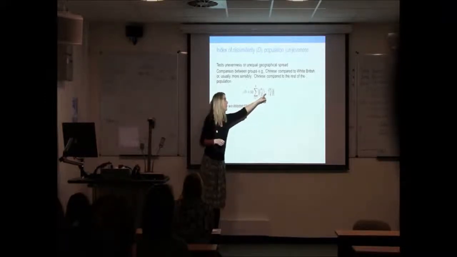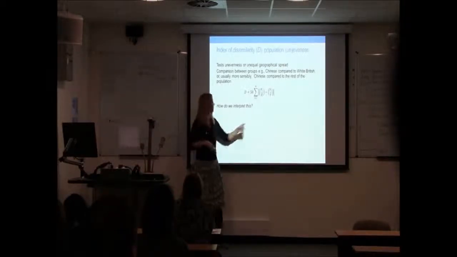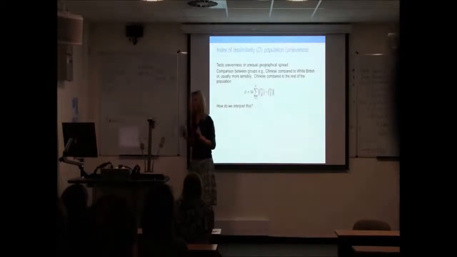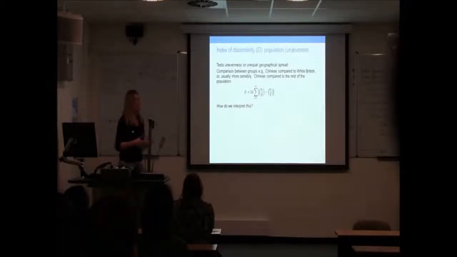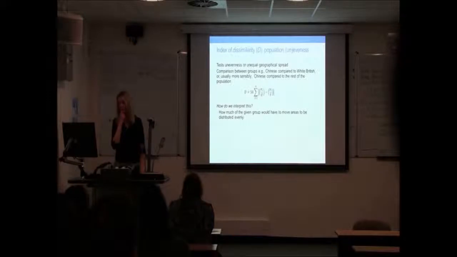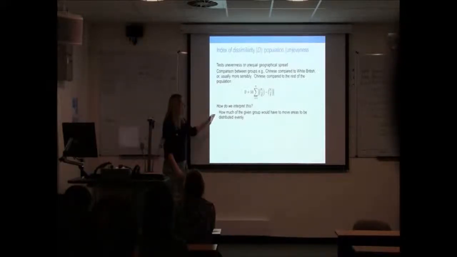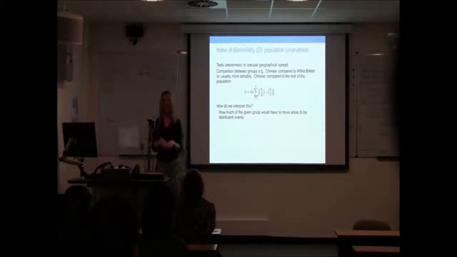Taken away from that is the rest of the population in that area, over the full total rest of the population, summed and times by the number of areas, times that by 50, and you get a percentage. What does that mean? It means that the number you get from this measure is how much of the given ethnic group, so in this case white British, would have to move areas to be distributed evenly across the population.